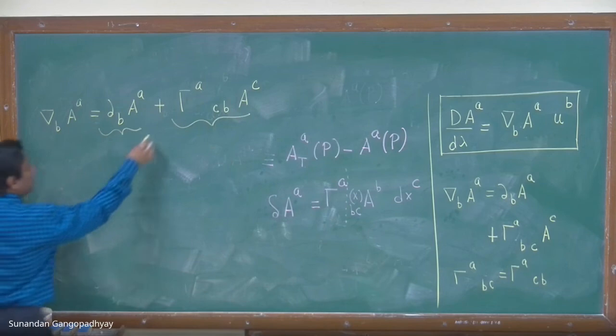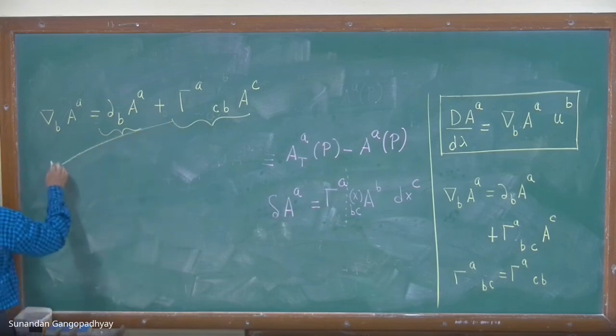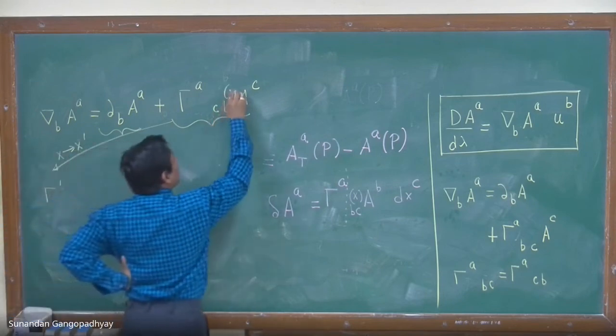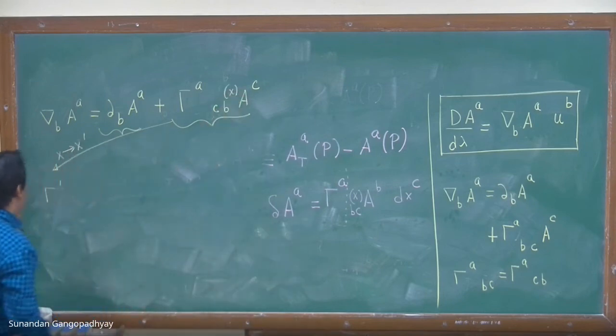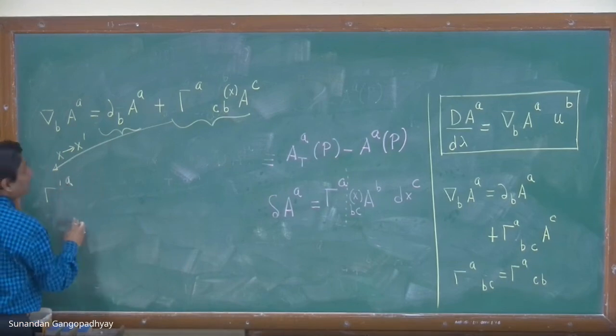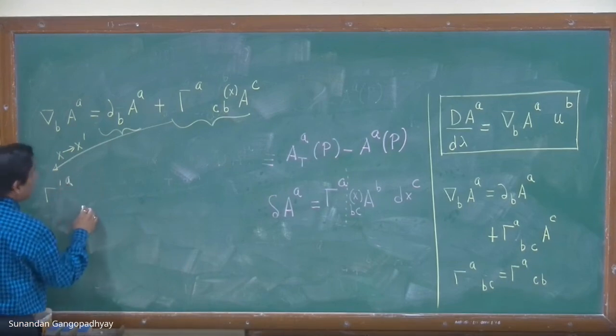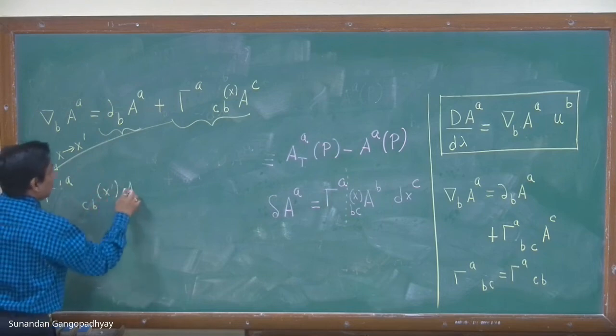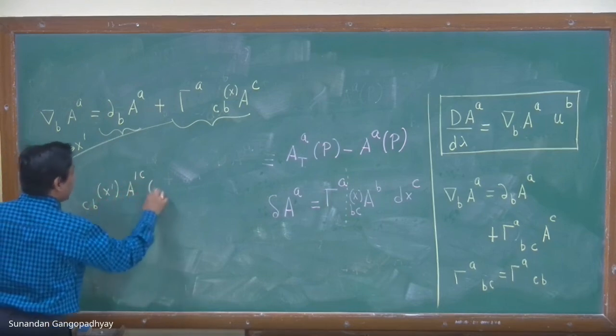So under general coordinate transformations, x to x prime, gamma, which is a function of x obviously, will transform to gamma prime A_CB, a function of x prime, times A prime C, a function of x prime.